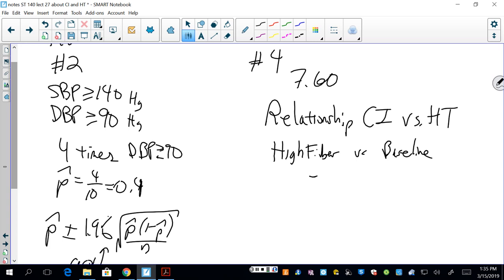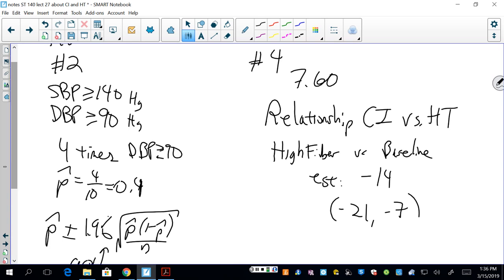It gives an estimate of negative 14, and an interval that's negative 21 to negative 7. The outcome they're looking at is cholesterol. So if you take high fiber minus baseline and it's negative, that means that baseline's bigger.